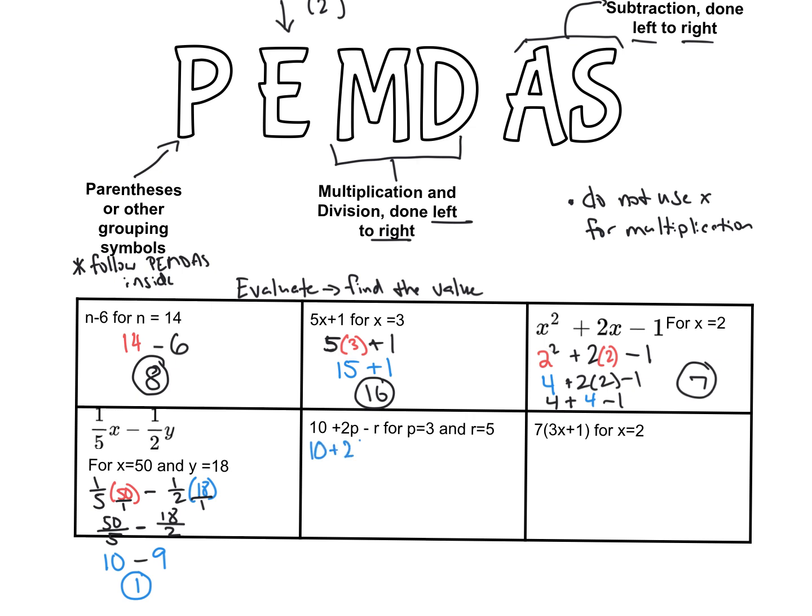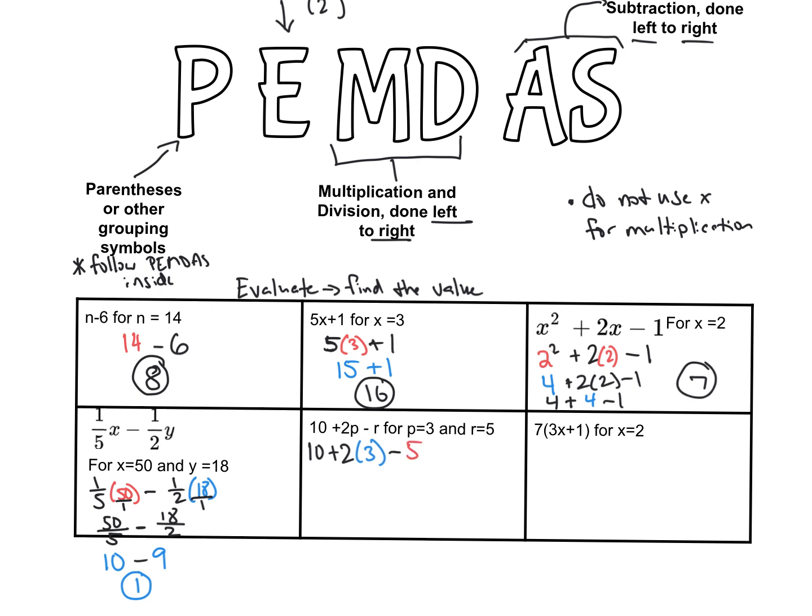All right, so on this one, we have 10 plus 2 times our value for p, which is 3, minus our value for r, which is 5.